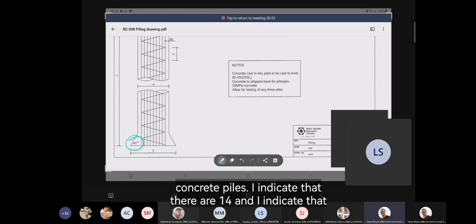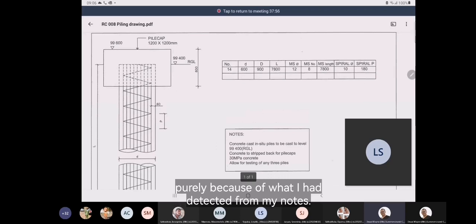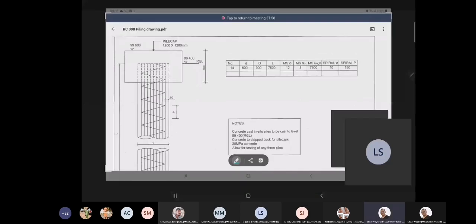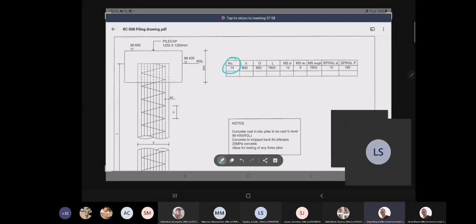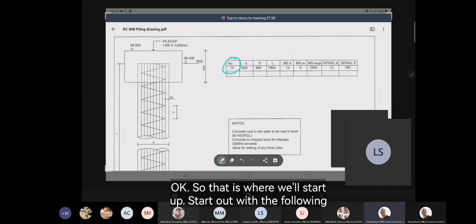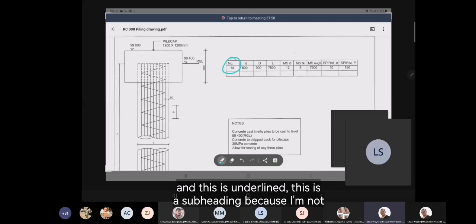I indicate that there are 14 purely because of what I had detected from my notes, telling me how many I need to do. So that is where we start out. This is underlined as a subheading, because I'm telling the contractor exactly how many piles you need to price for.